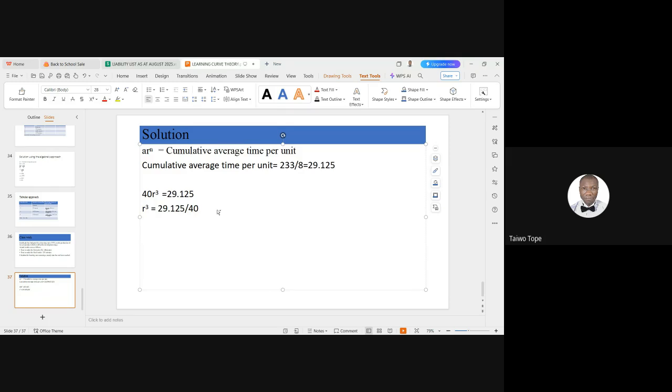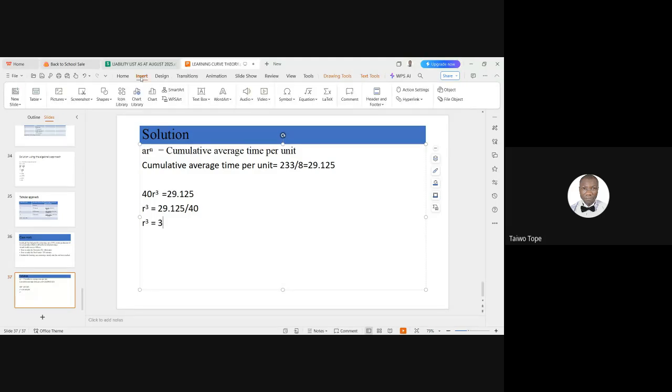So the result will now be what? The cube root of that.